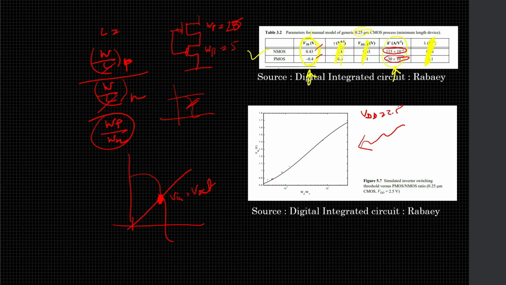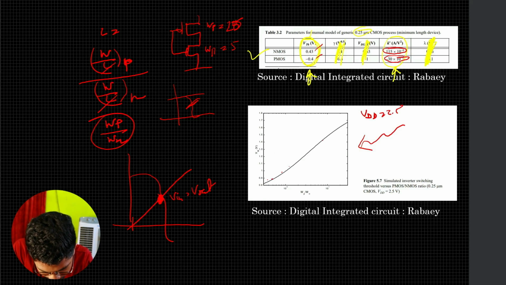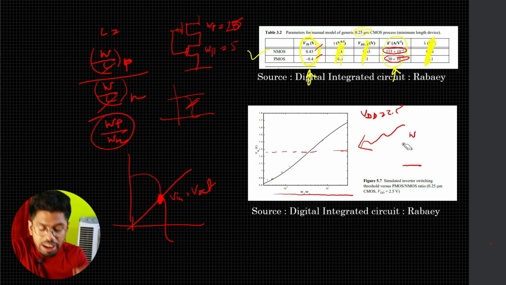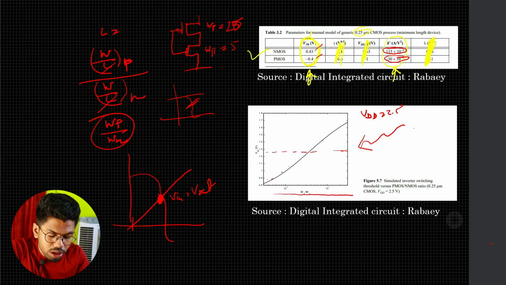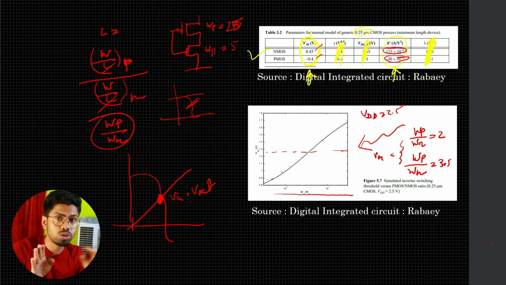So what we actually want is that this transition point should be at the half. So half means 1.25, roughly around this we want, right? And they have found that a W by P over W by N of 2 and a W by P over W by N of 3.5, or whatever number you got, result in near about the same VM, or the transition point, because it is not so sensitive.